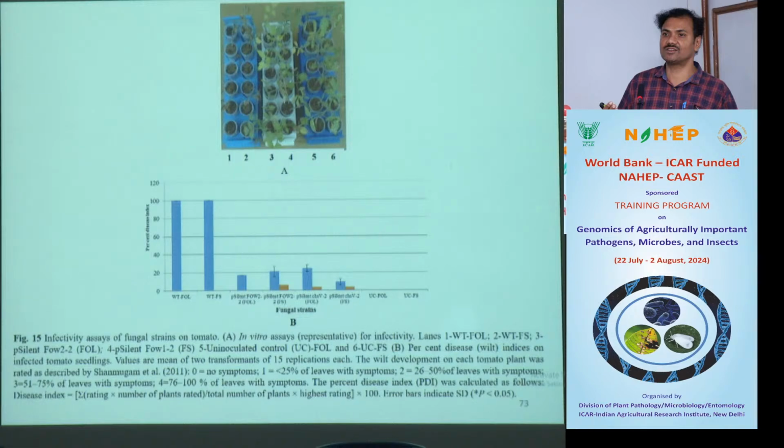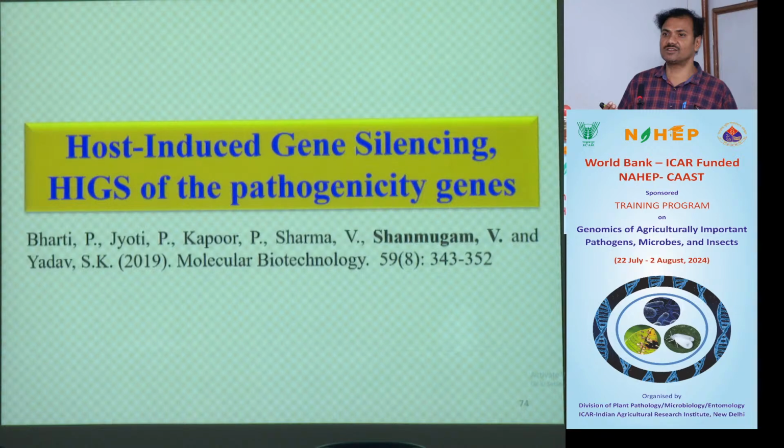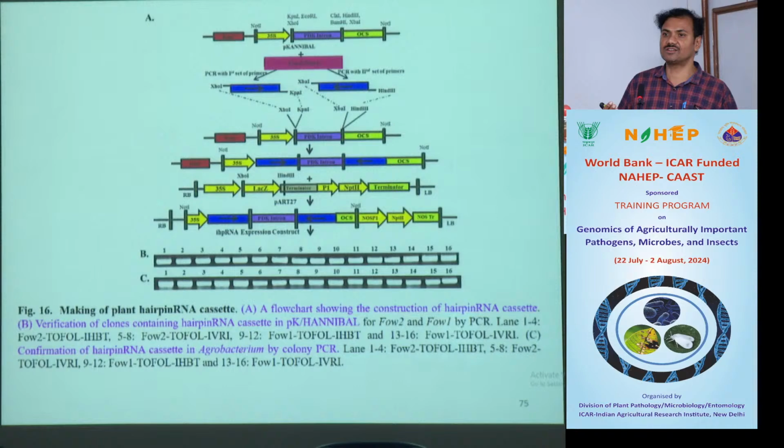Once we validated the role of two genes, FOW1 and FOW2, which are mitochondrial carrier proteins, we went for a host-induced gene silencing approach. With the same pathogenicity genes of Fusarium, we developed a silencing construct for the plant instead of the fungus, and transformed it into the plant.